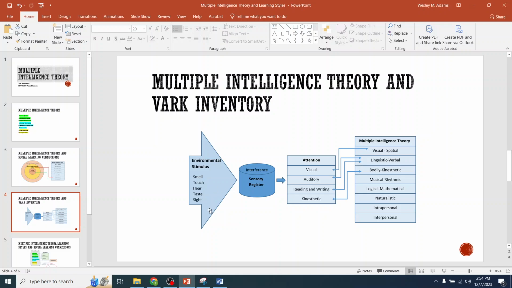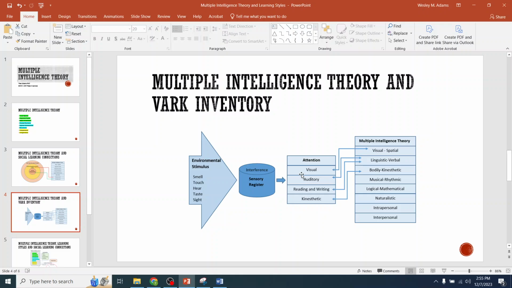Let's focus on the attention phase, because that's really where your learning styles come in. You can have all this environmental stimulation coming in, but if you don't pay attention to it, you lose it. It never even captures your attention. So it's not that you knew it and you forgot it. It just never made its way in because you didn't pay attention to it.